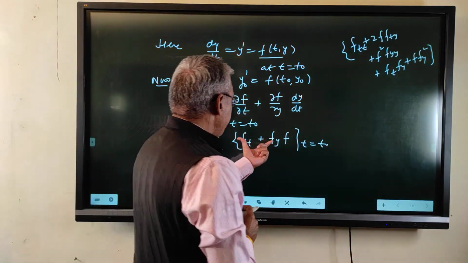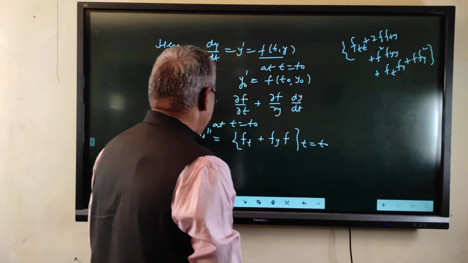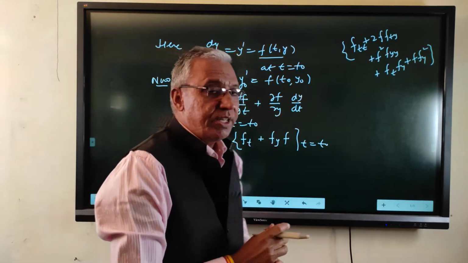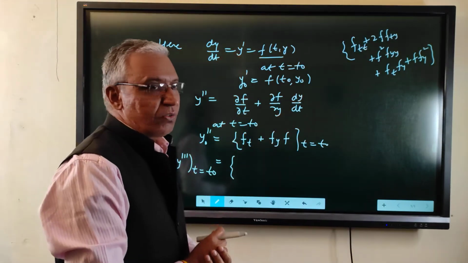Again we differentiate to get y''' at t = t0. Differentiating with respect to t and y using the total derivative, since f is a function of t and y, del f/del t is also a function of t and y.